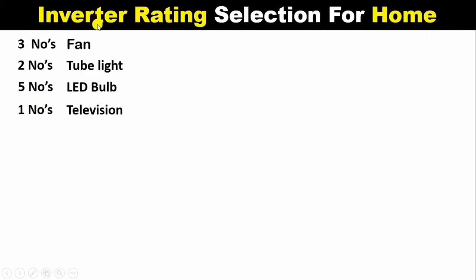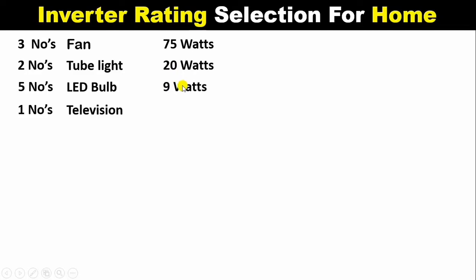So, if you want to determine the inverter rating for your home and what appliances are to be connected to it, you're going to have to go through all the appliances within that home. Say, for example, if you have 3 fans in your home, 2 lights, 5 LED bulbs, or perhaps 1 TV.